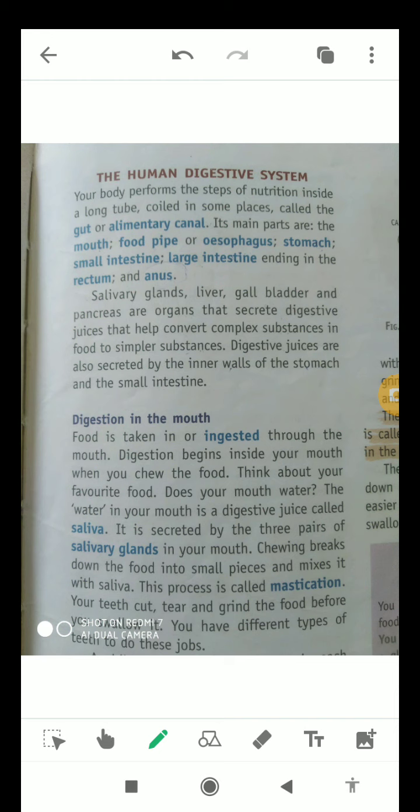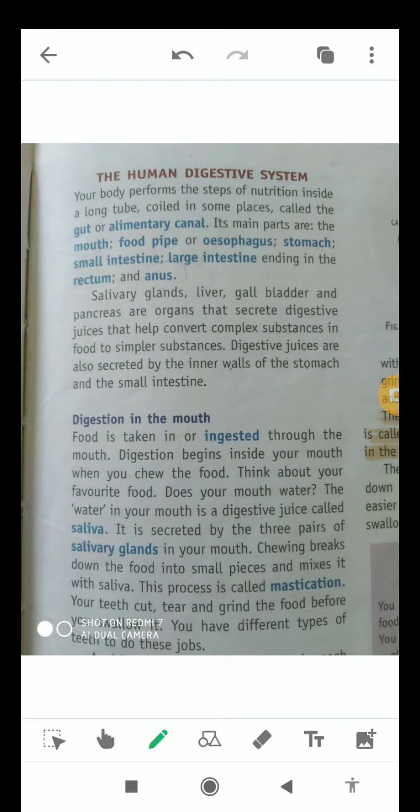The water in your mouth is nothing but a digestive juice called saliva. It is secreted by the three pairs of salivary glands in our mouth. Chewing breaks down the food into small pieces and mixes it with saliva, and this process is called mastication.